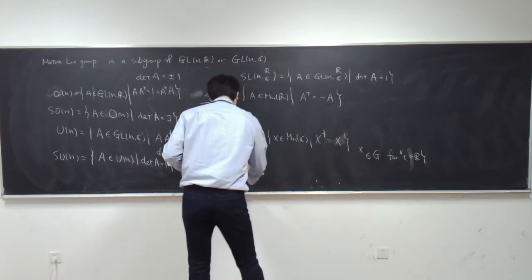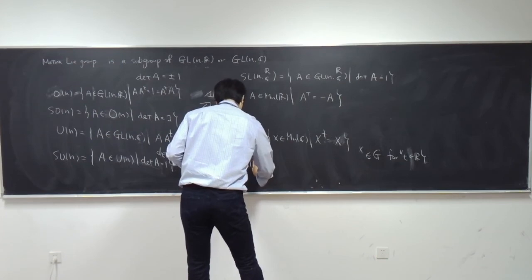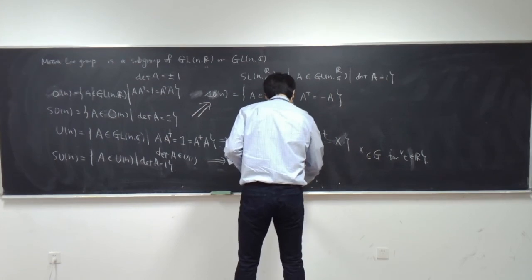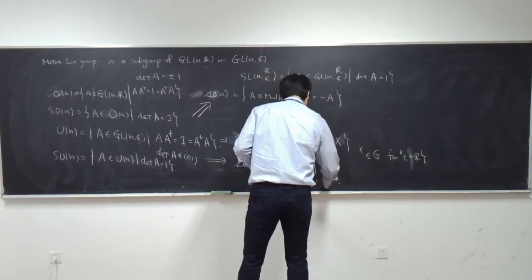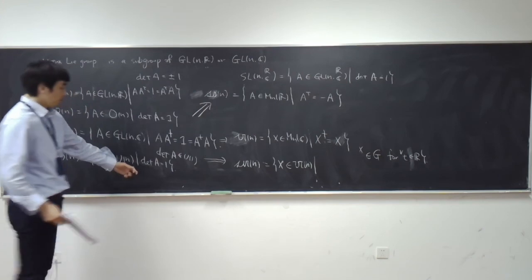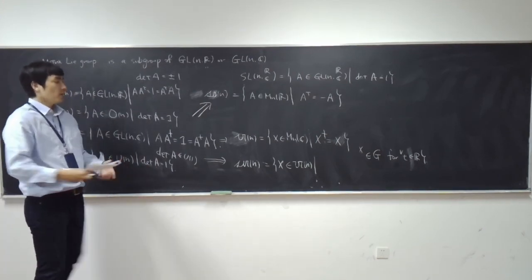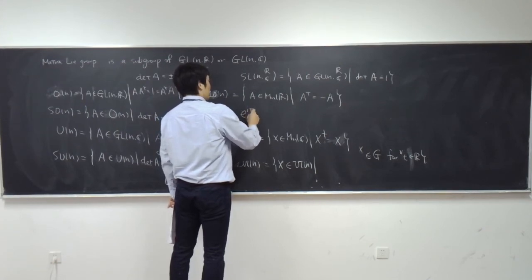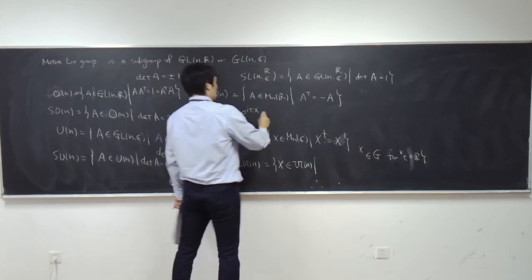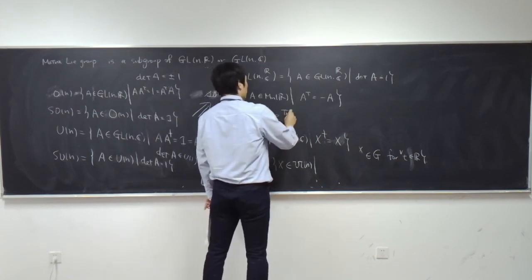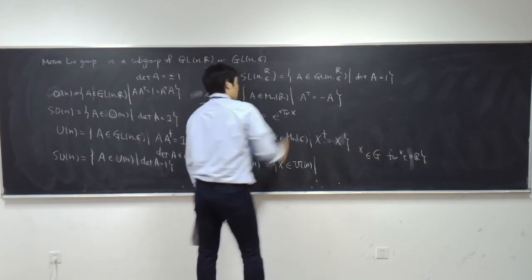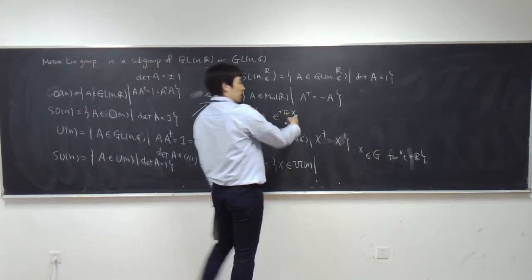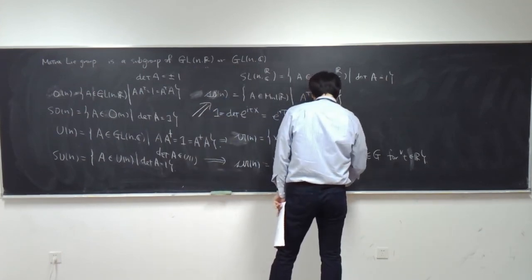And also here, su(N) is the same as u(N), but you have to impose that the determinant of A is 1. As I mentioned, e to the itX has determinant essentially e to the trace of X times it. So the determinant being equal to 1 means that the trace of X has to be 0.